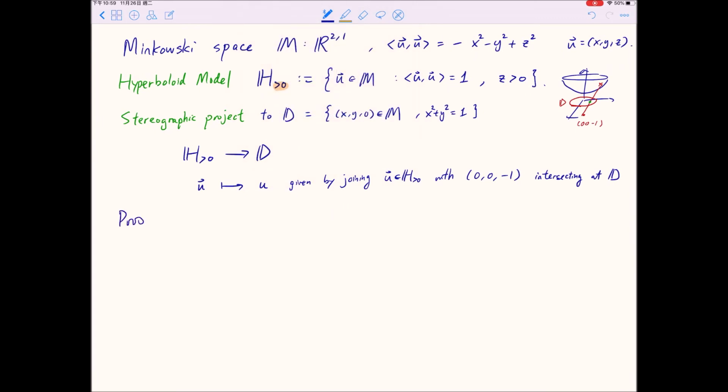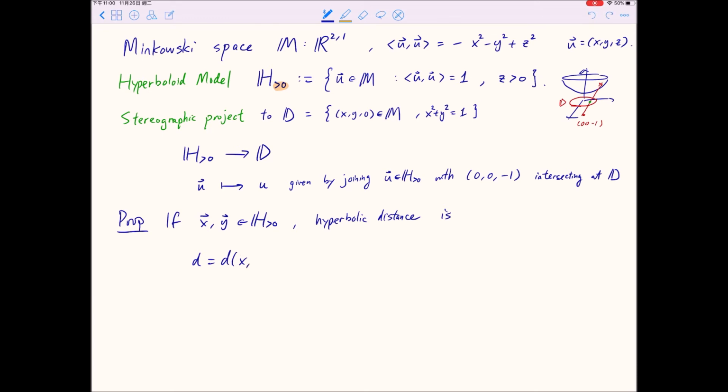So a well-known result is the following. If you have two points on the hyperboloid, then the hyperbolic distance pulling back from the unit disk is given by the following.